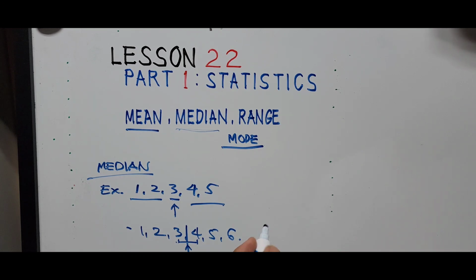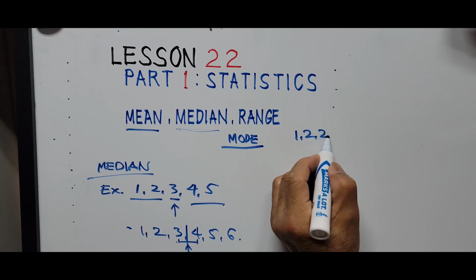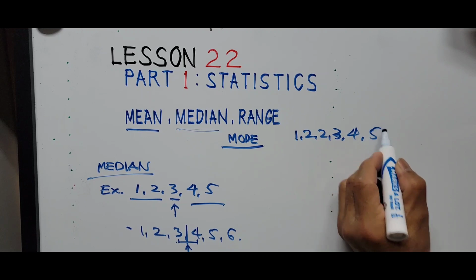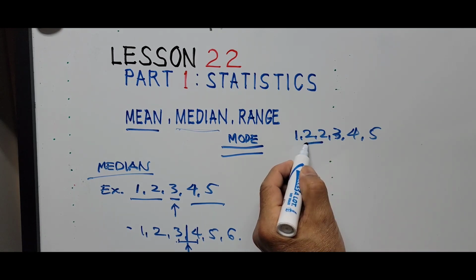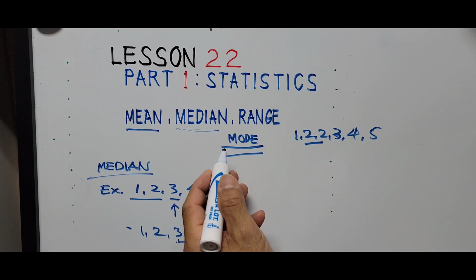So let's say we have the set of values 1, 2, 2, 3, 4, and 5. The mode is the value that appears more than the rest of the other values. This simply means it's 2. So the same value that appears more times in a set, that's what we call the mode.